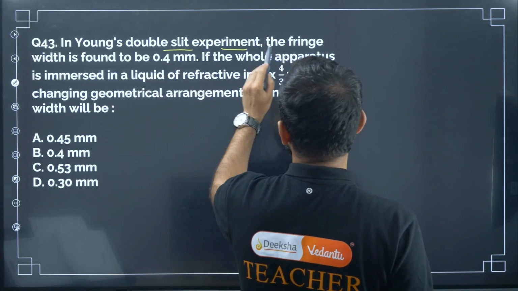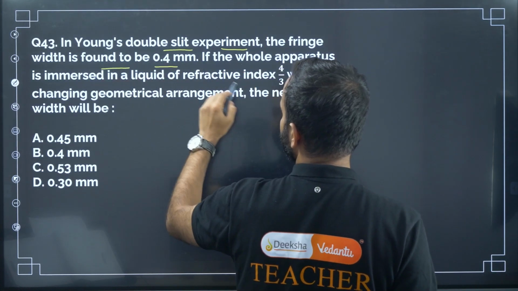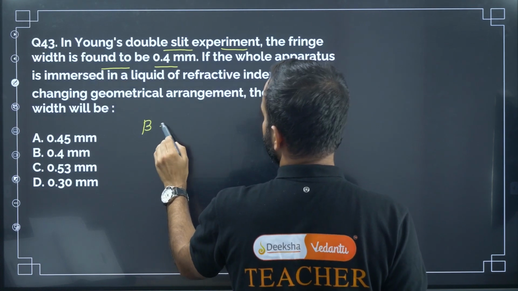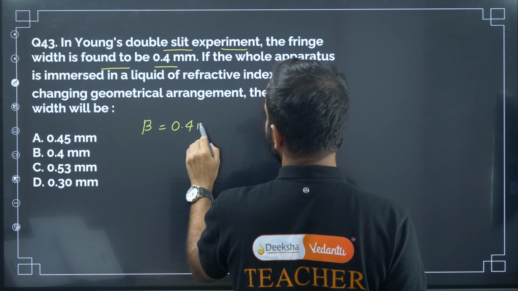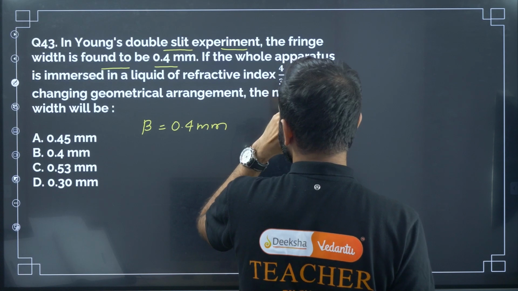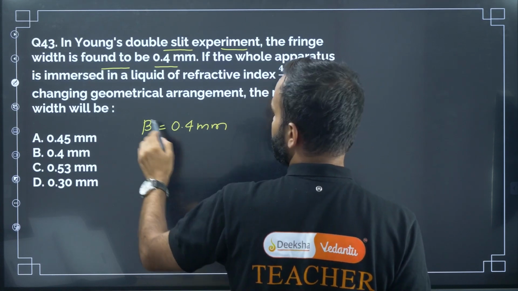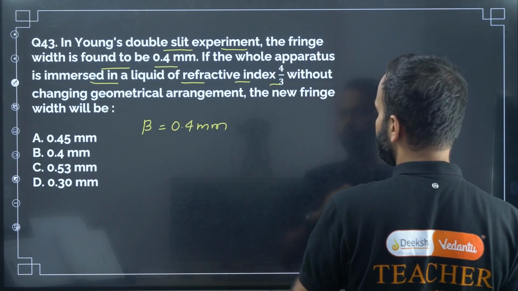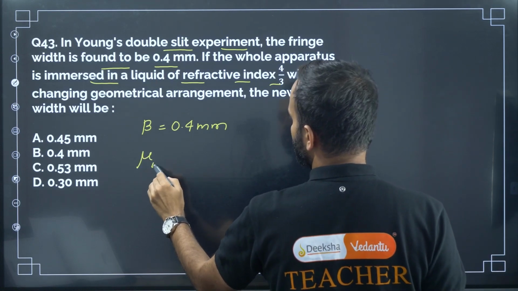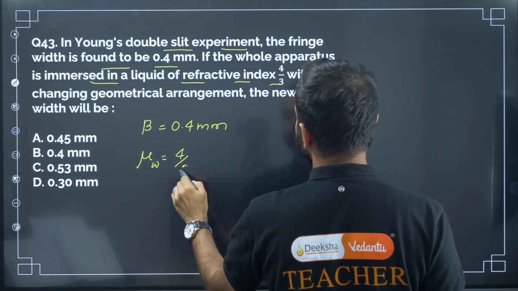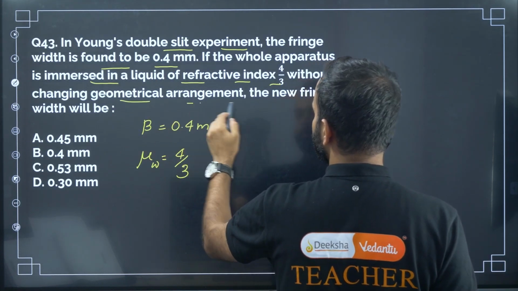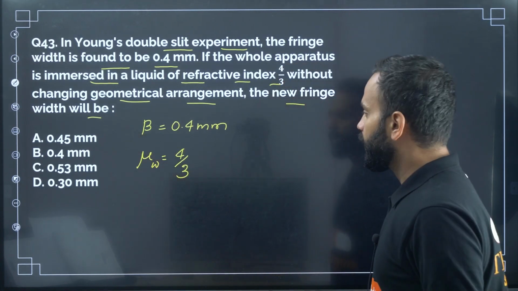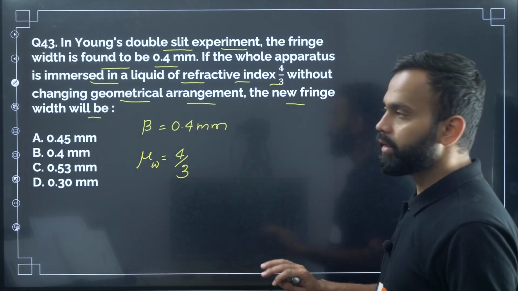In Young's double slit experiment, the fringe width beta is found to be 0.4 millimeter. If the whole apparatus is immersed in a liquid of refractive index 4 by 3, that is mu W equal to 4 by 3, without changing the geometrical arrangement, the new fringe width will be... the geometrical arrangement will not change.